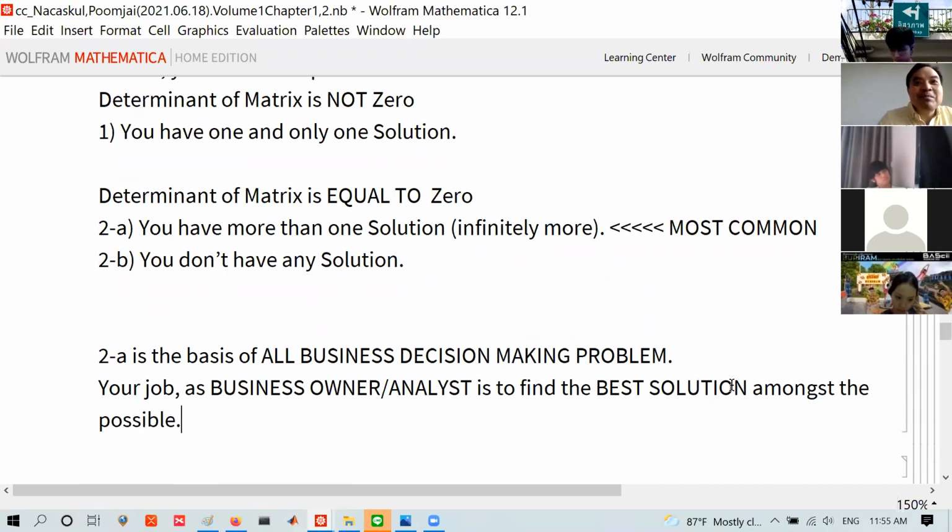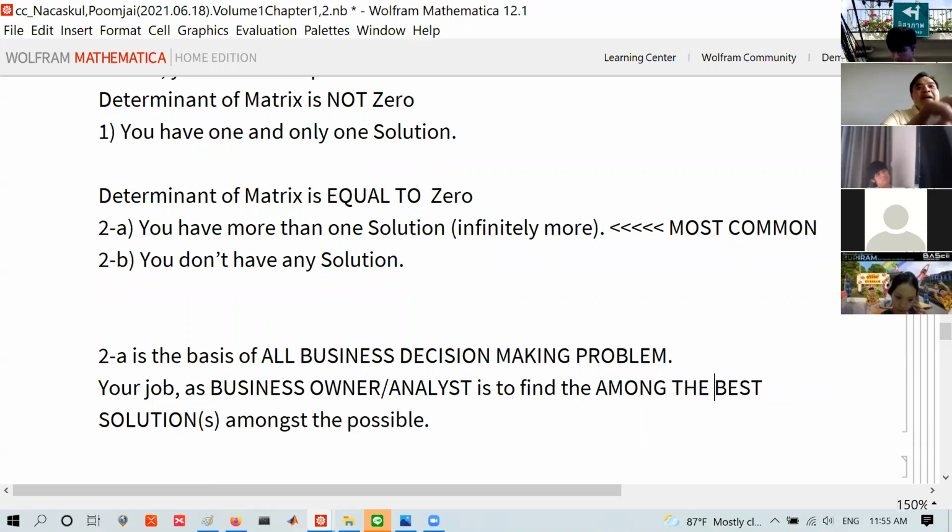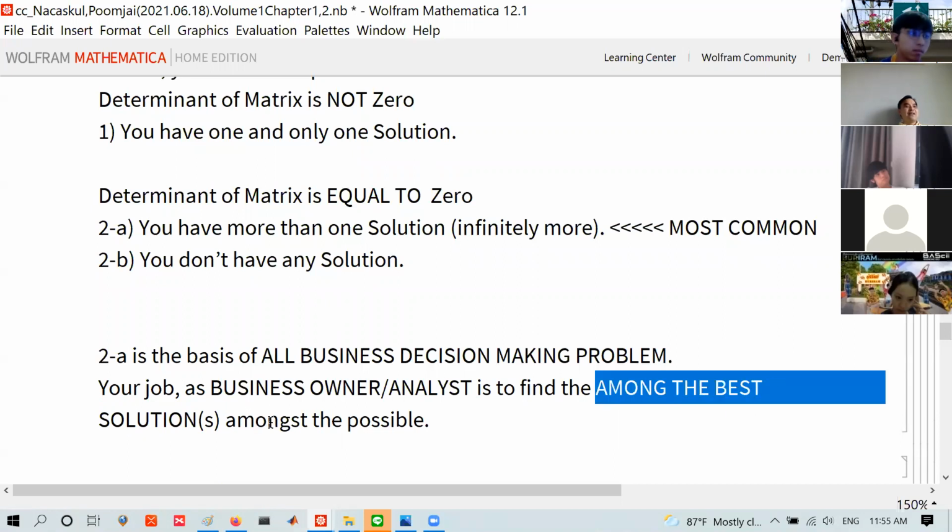Now, this best can be unique, or it could be just among the best. In other words, it's not the best solution, but it's up there. It's the top 10% of solution. Okay. So in real life, you want to find a good solution among the best solution.